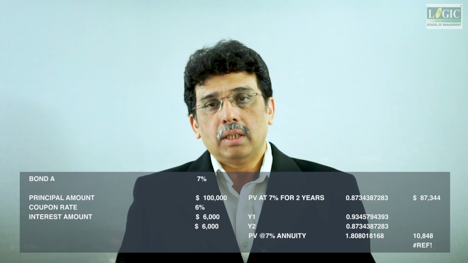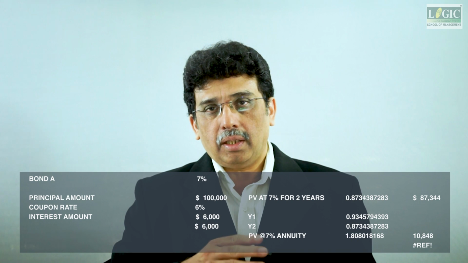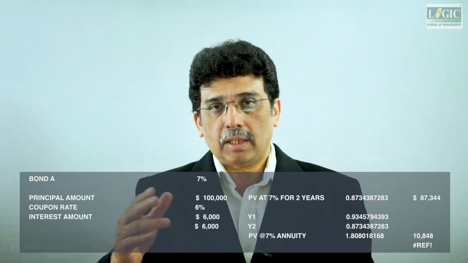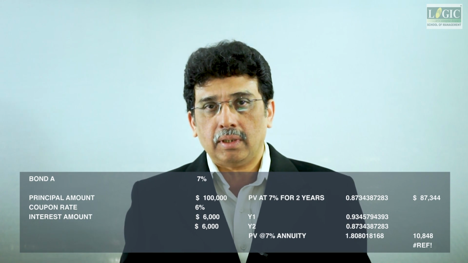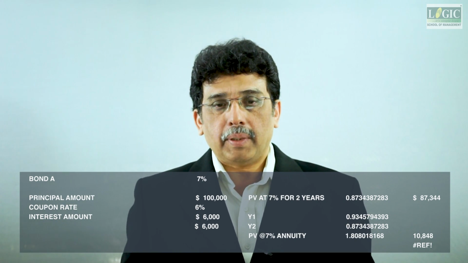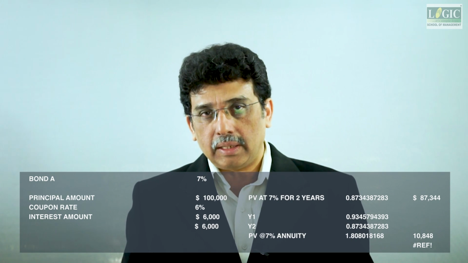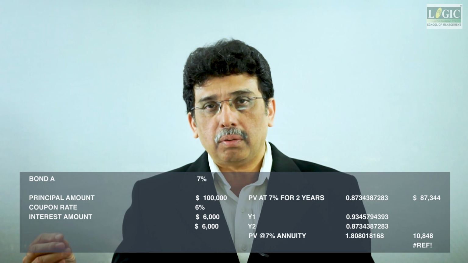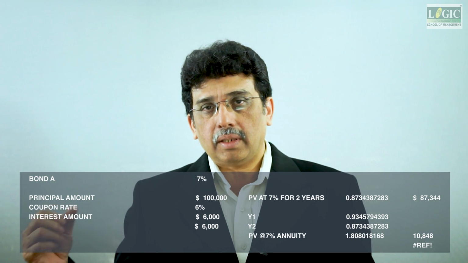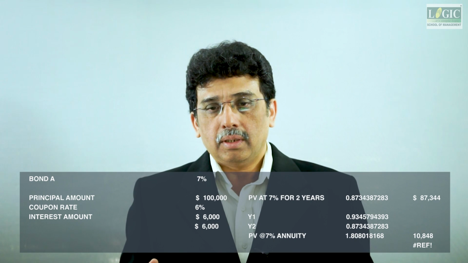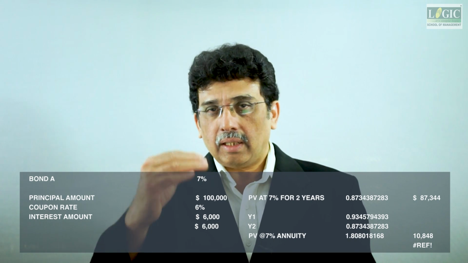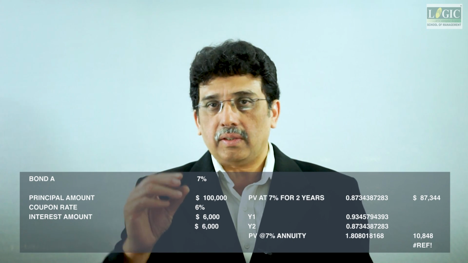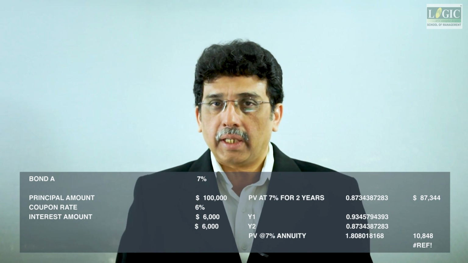So if we take individually the present value of 6,000 which we get at the end of the first year, and the present value of the second $6,000 which we get at the end of second year, we are going to get 10,848 in total. So instead of that, 6,000 is a common sum which we are going to get each year, right? It's a uniform cash flow.